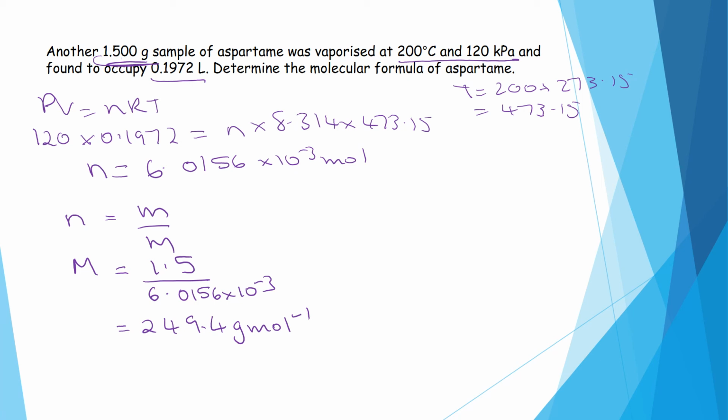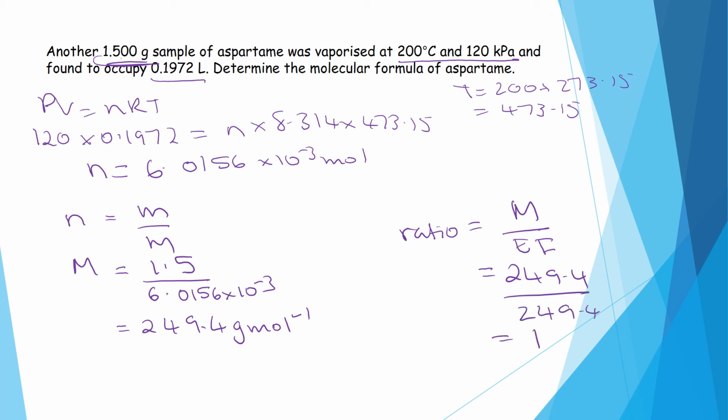Now we need to do the ratio, which is always equal to the formula mass over the empirical formula mass, and this comes out to 249.4 divided by 249.4, which equals 1. So the molecular formula of aspartame is going to be C14 H18 N5 O2.